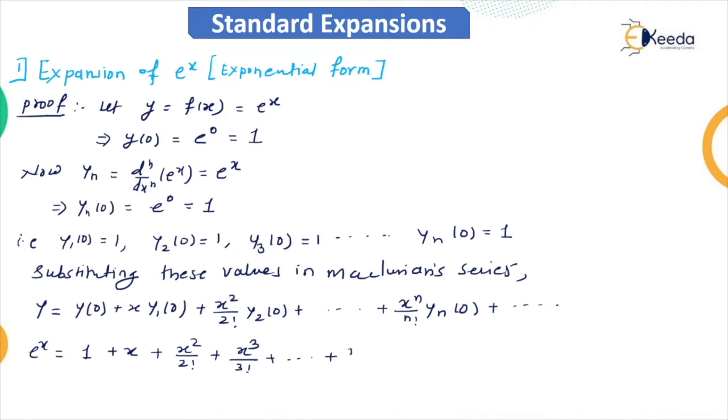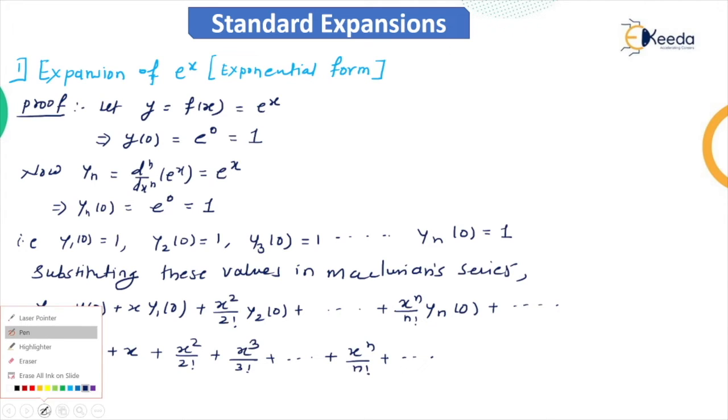If we write the nth term, it is x raised to n upon n factorial into 1. So this is a series expansion of e to the power x.